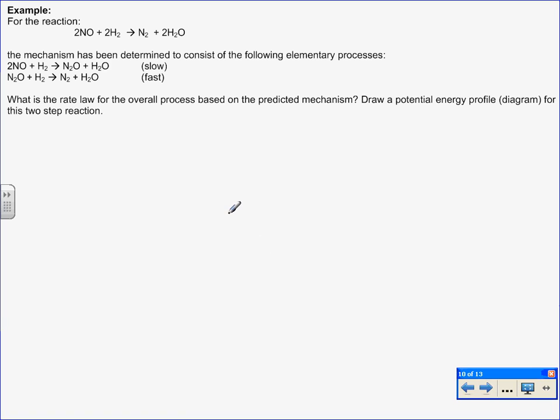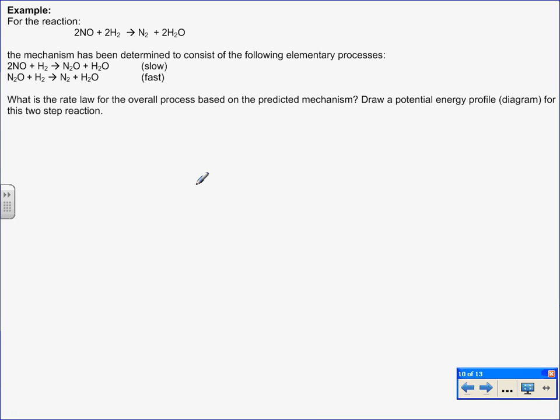Let's look at another example. We've got a reaction of 2NO plus 2H2 going to N2 and 2H2O. After some study, the mechanism was determined to occur in the following two steps. 2NO plus H2 going to N2O and H2O, followed by N2O plus H2 going to N2 plus H2O.